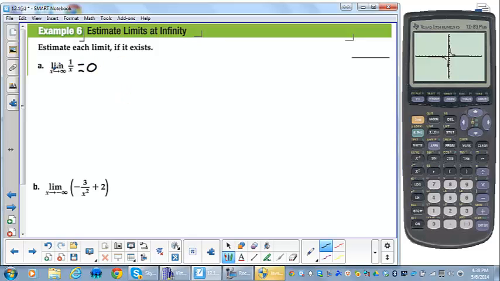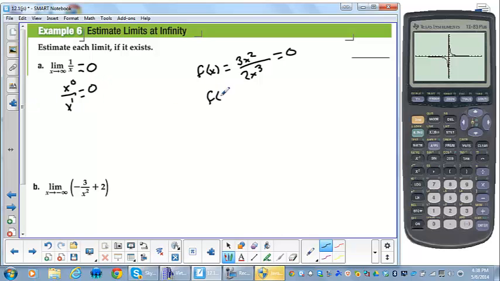Now, going to infinity is the same as your ending behavior rules. And when we graphed rational functions, if we had something like 3x squared over 2x to the third, if the lower exponent was bigger, then this was an automatic 0. And we actually have it in this case. We have x to the 0, that's 1, over x to the 1. So the bigger exponent is in the denominator, so that's an automatic 0.